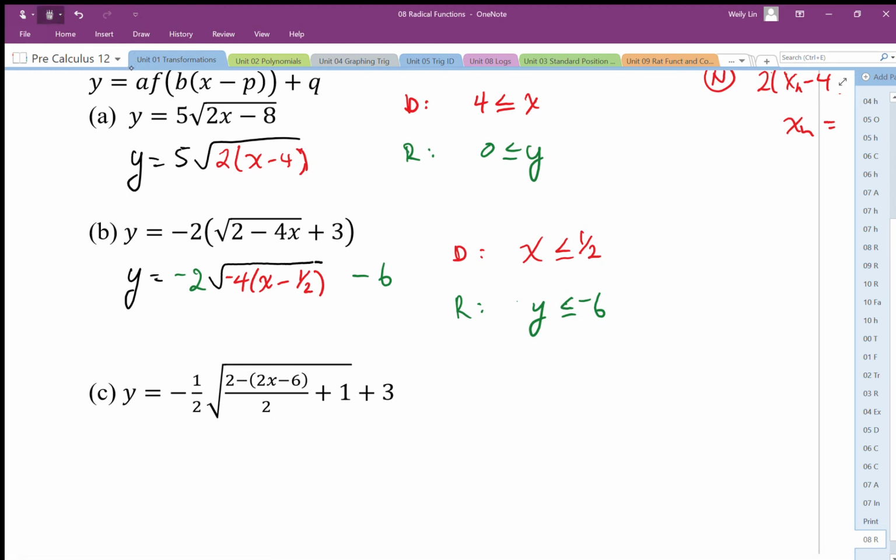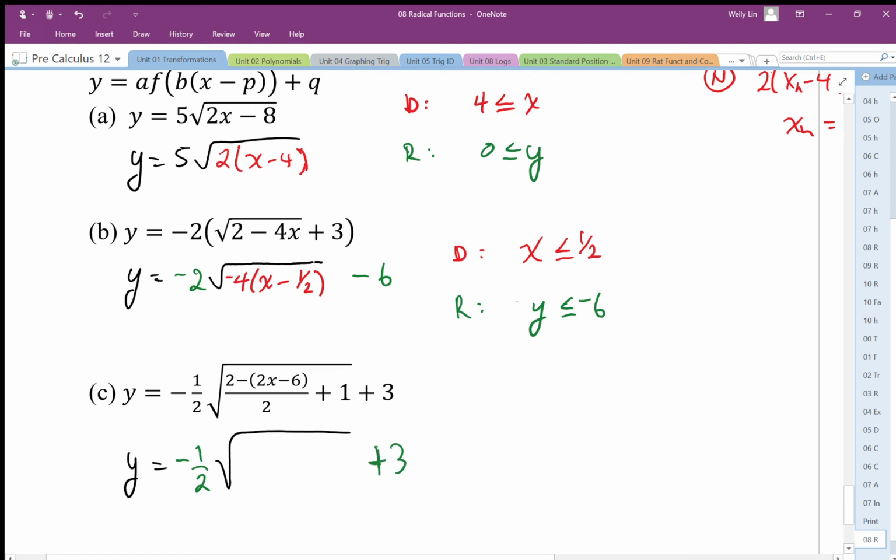I'm going to make sure that I have my vertical expansion and my shift separate and clear. So it's going to be flipped and compressed vertically. The compression doesn't actually affect the range, but it does affect the graph. And then I'm going to shift it up 3, plus 3.